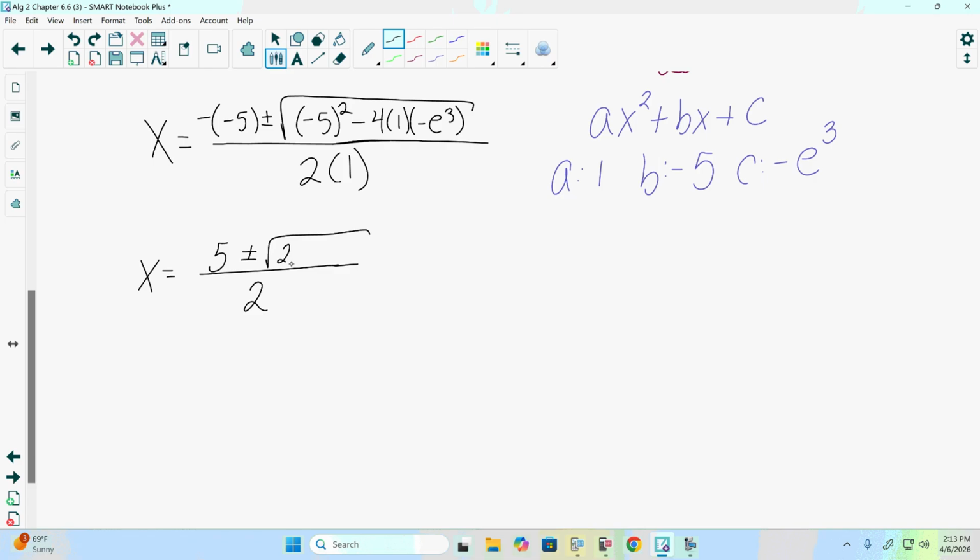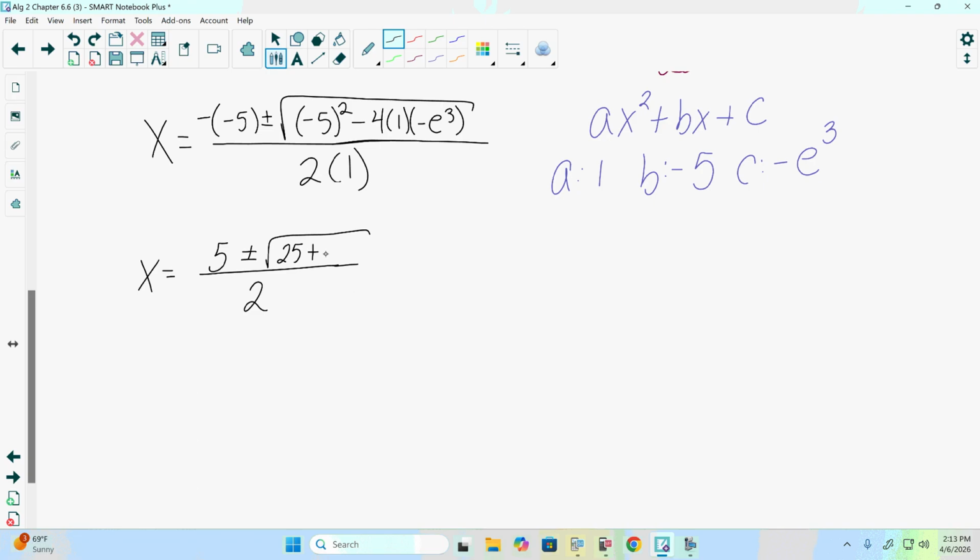Negative 5 squared, 5 times 5 is 25. Negative 5 times negative 5 is still just 25. Now, negative 4 times 1 times negative e to the third. Well, I have a negative times a positive times a negative. Negative times a positive is negative, times that other negative makes it plus. So we took care of the signs.